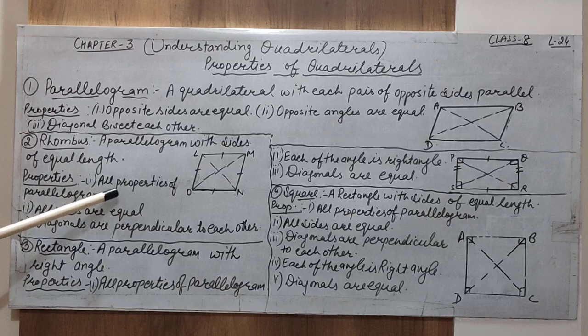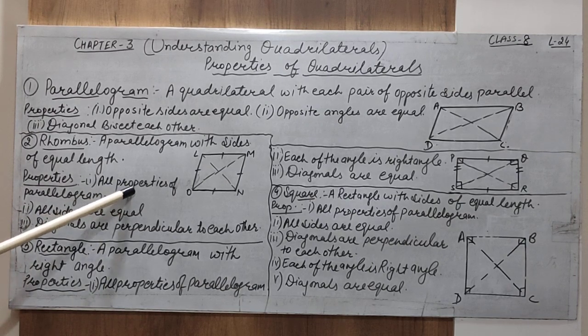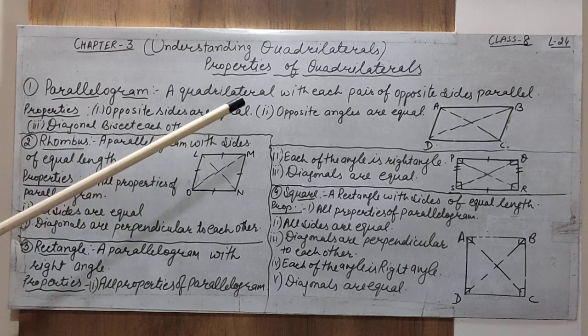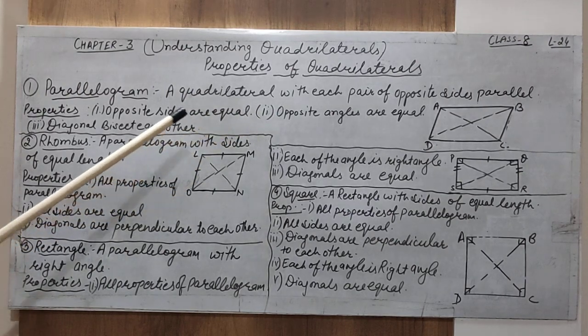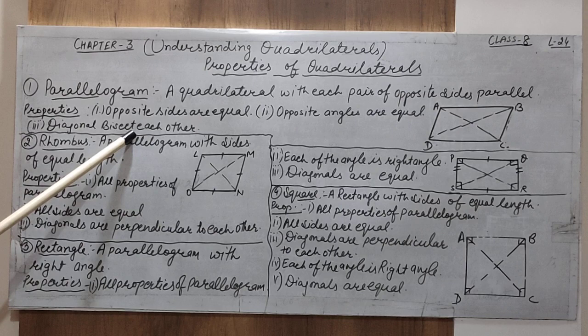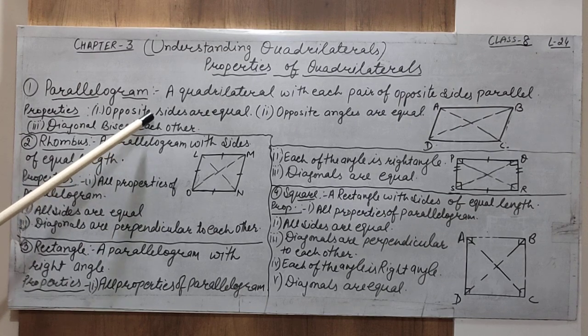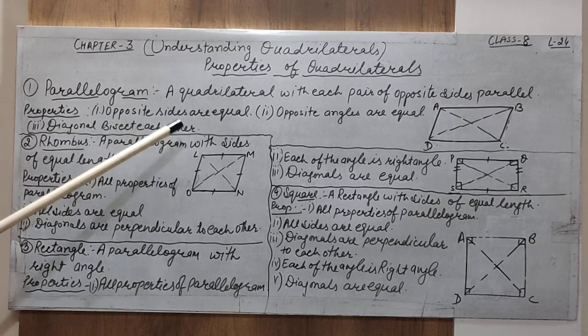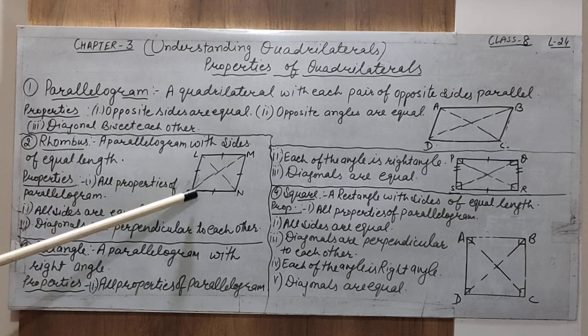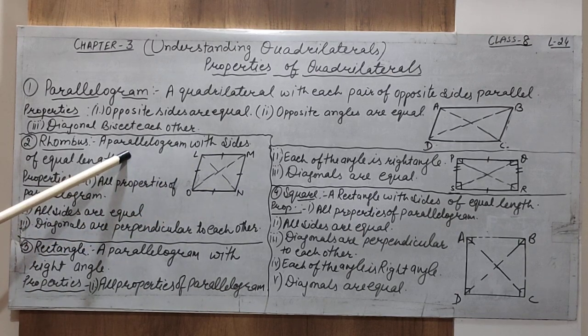Property, first property: all the properties of the parallelogram. All the properties of the parallelogram mean the opposite angles are equal and the diagonals bisect each other, because the first property is about the sides, and the sides of the rhombus are already equal, as we have defined in the definition.